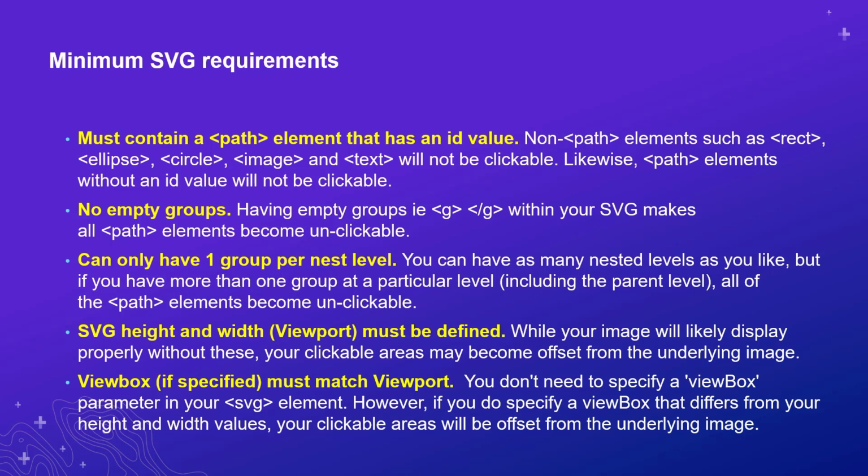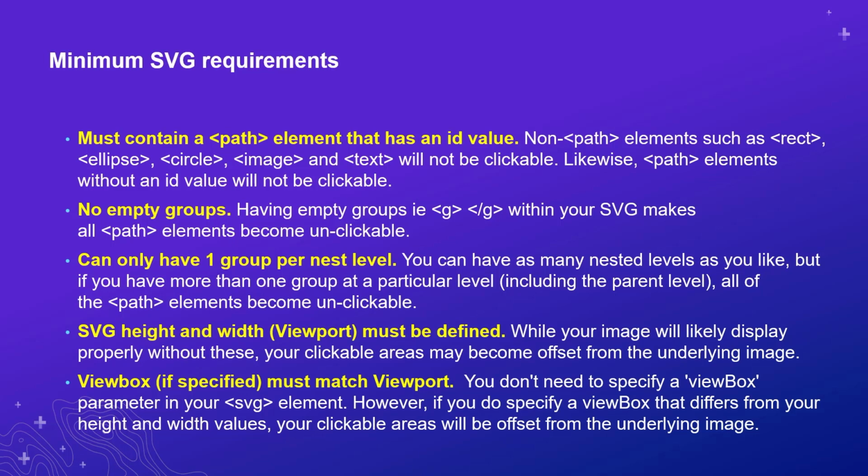I'm going to talk you through the minimum requirements for your SVG file to be compatible with Survey123. The file must contain a path element that has an ID value. Non-path elements, such as rectangle, ellipse, circle, image, and text elements, will not be clickable. Likewise, path elements without an ID value won't be clickable either. You can't have any empty groups within your SVG file.